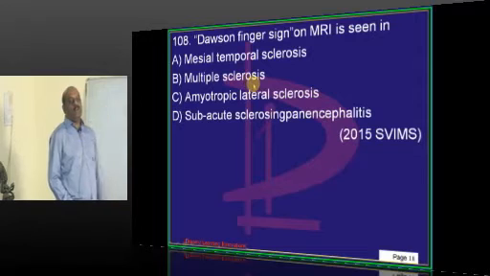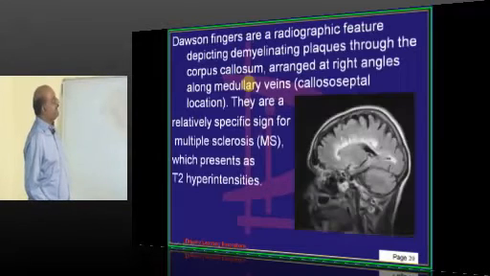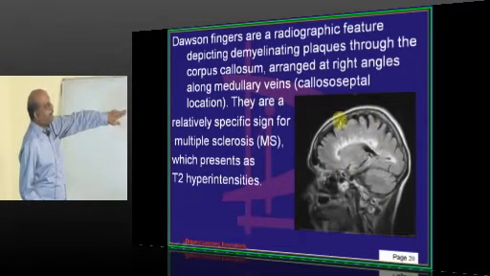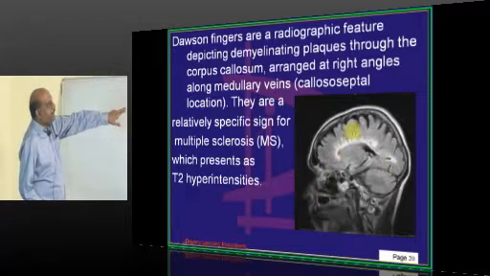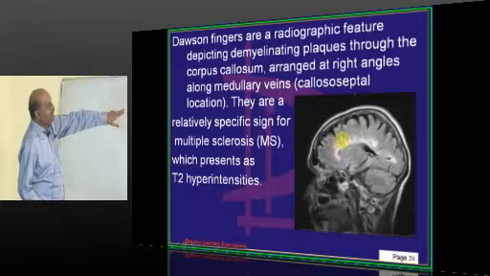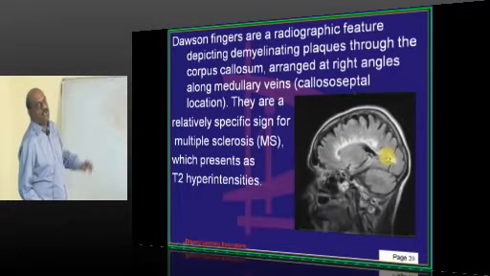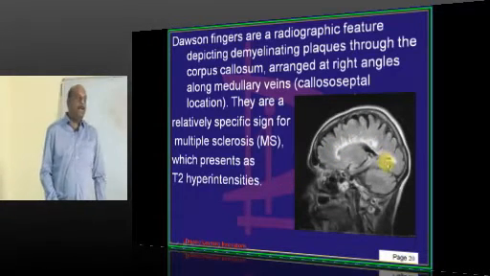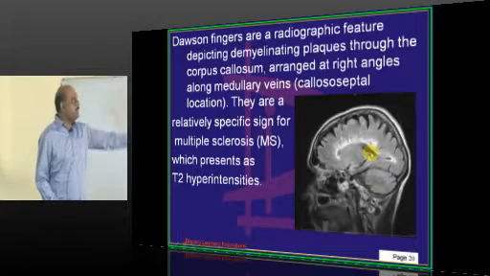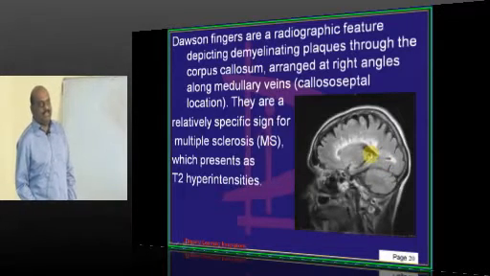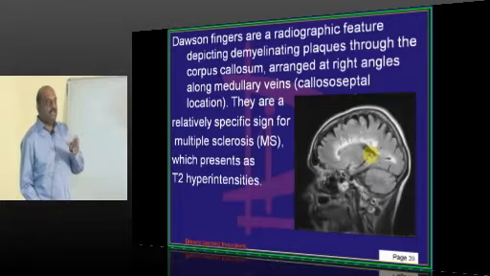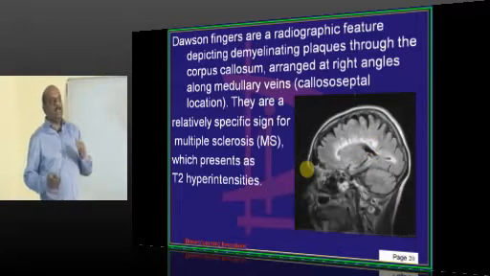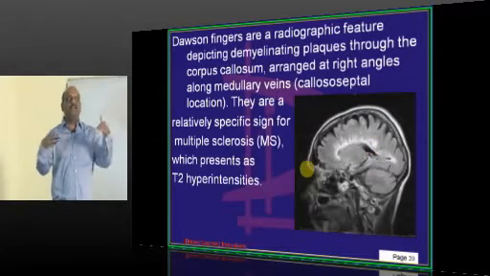Dawson's fingers on MRI. Classically, what is Dawson's finger? There is a corpus callosum, doctor. Typically, if you find this kind of T2 hyperintensities in the corpus callosum, as you can see here, it's called Dawson's fingers. Now you may argue, sir, this is not demyelination, this is infarct. Infarct does not involve corpus callosum because corpus callosum gets bilateral vascularity.